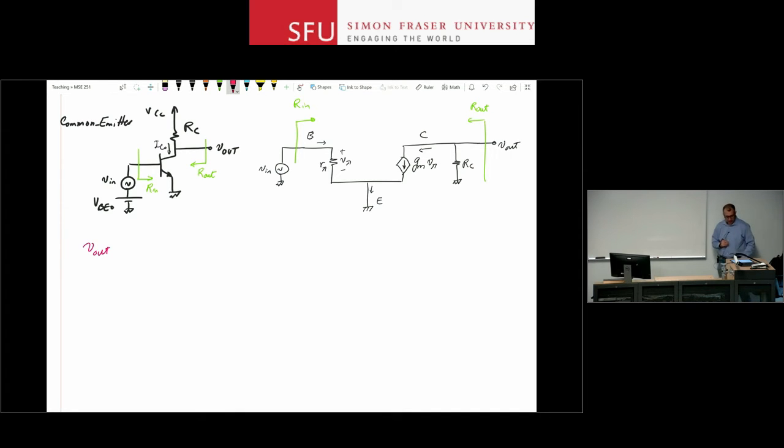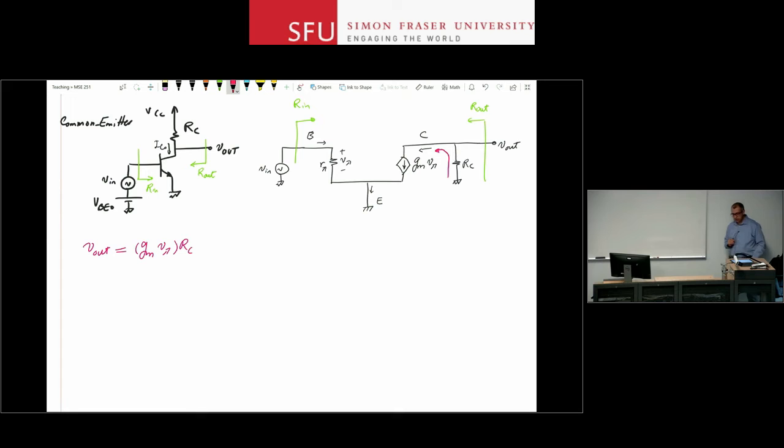Okay? If I look at V out, I can see that V out is the voltage drop across RC. So I look at the current through RC, I notice that the current through RC is just gm V pi, right? There's just one current source, one resistor, and one end of the resistor is grounded. So the current is gm V pi, and the resistor value is RC.